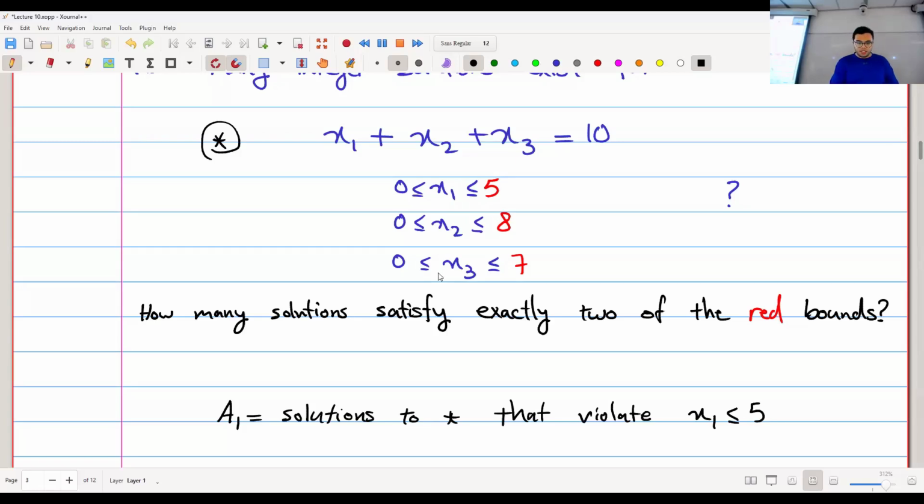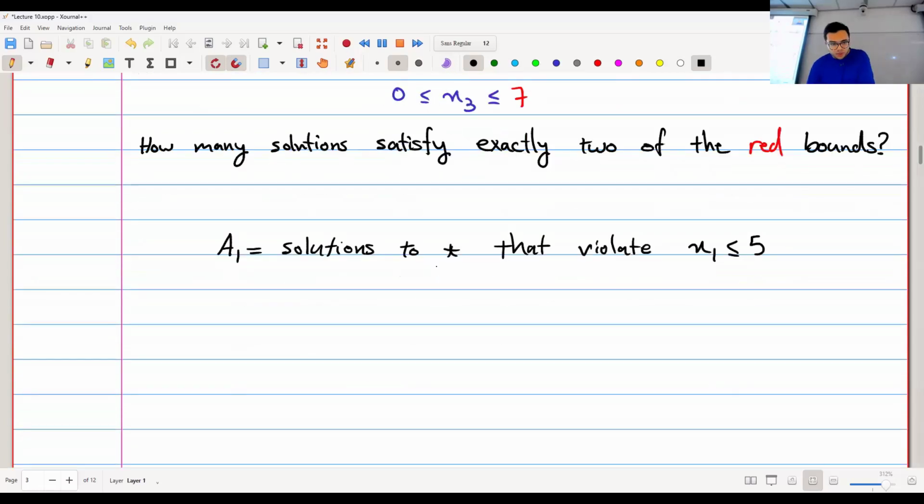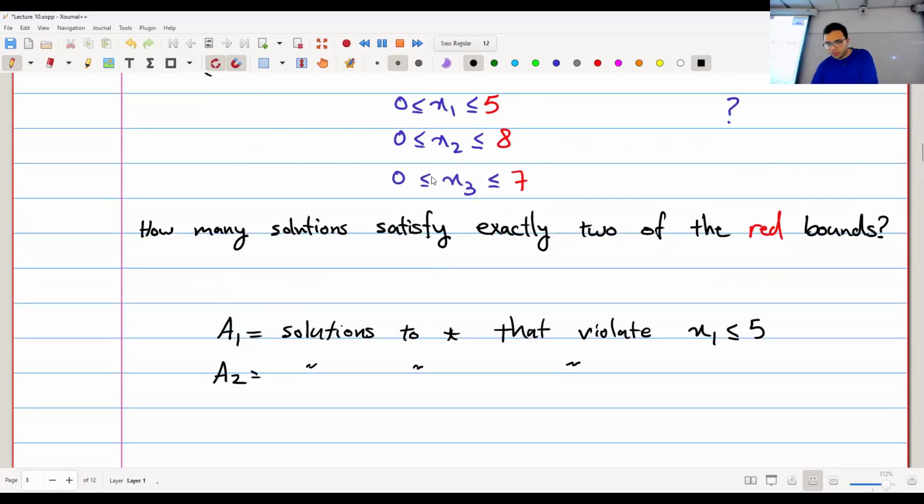And then I say A2 is the set of solutions that violate the second condition, x2 less than or equal to 8. And A3 is the set of solutions that violate x3 less than or equal to 7.